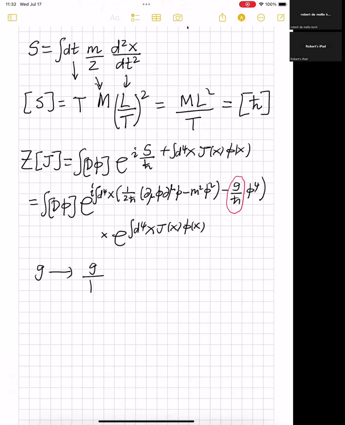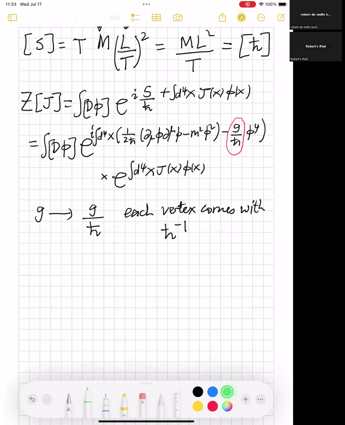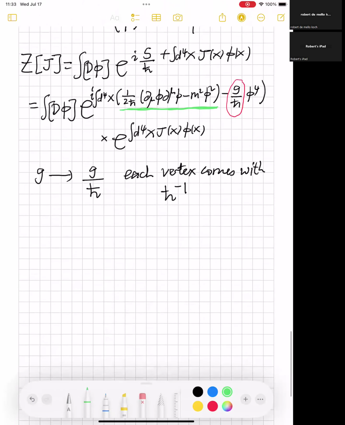What's the second change? It comes from looking over here. The quadratic terms in the action have been divided by h bar. But I want you to remember that for G of x comma y, we found a very nice interpretation of it.